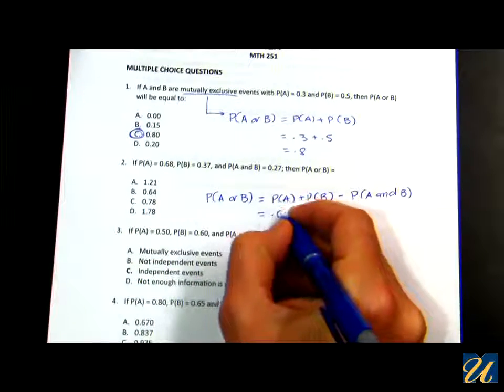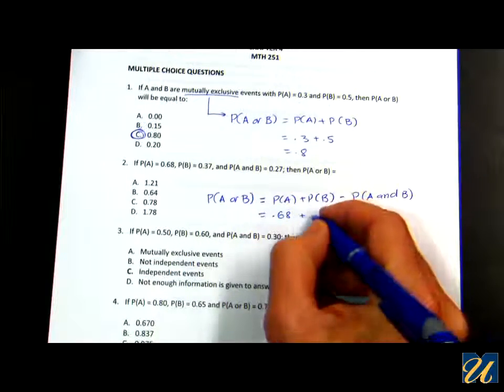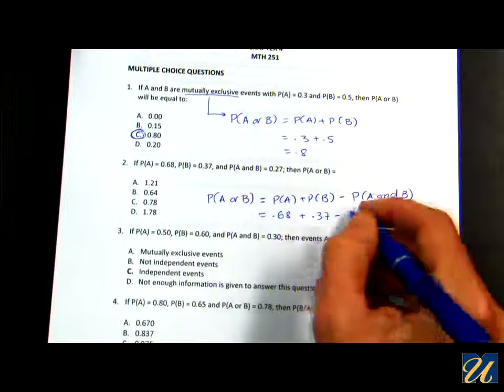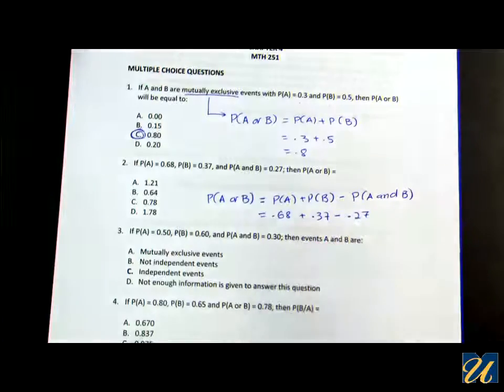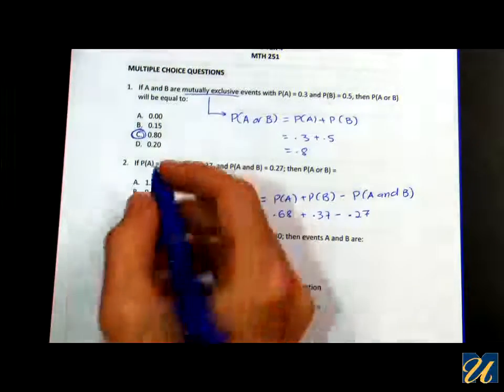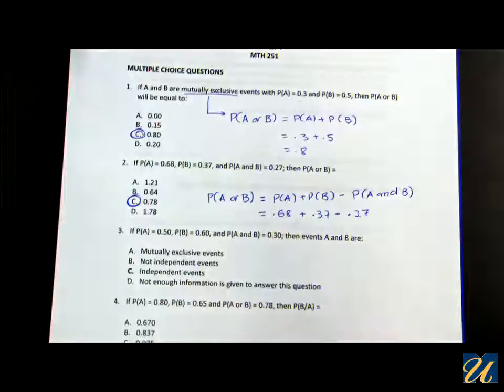Probability of A is 0.68, probability of B is 0.37, minus the probability of both of them occurring at the same time. If we do our calculations, the correct answer will be C.